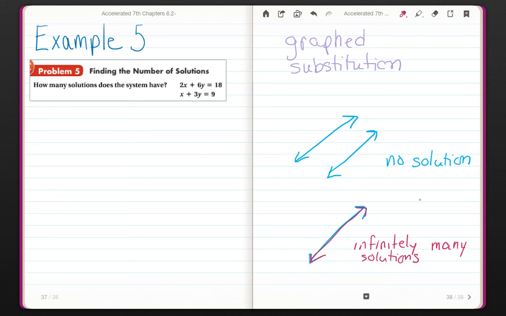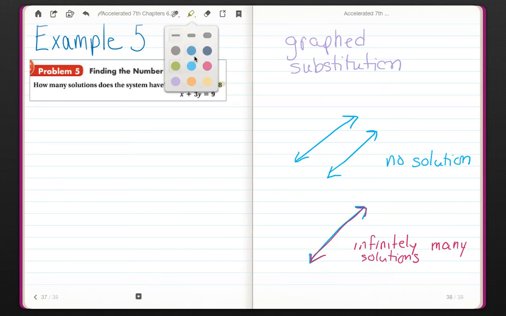So how do we know if we have no solution or infinite solutions instead of one solution, as in examples 1 through 4? So let's take a look at these two lovely equations. 2x plus 6y equals 18, and x plus 3y equals 9.